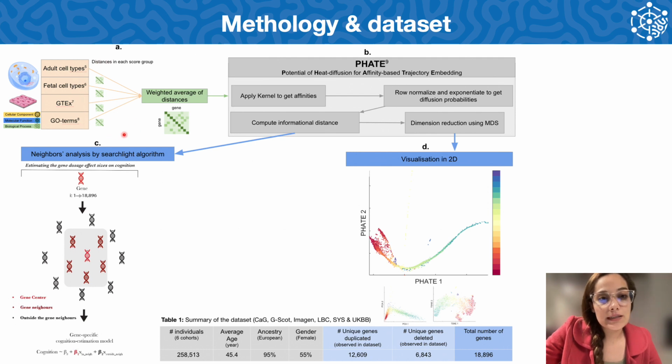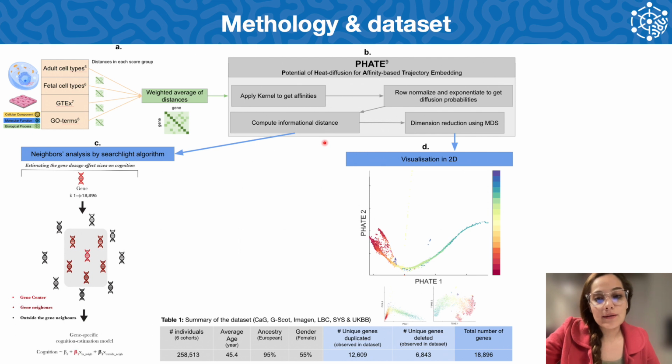The first thing that we did was compute the distance in each score group and then extract the weighted average of distances. This weighted average of distances is the input of the FATE algorithm, which is a new dimension reduction methodology that works properly for biological data.